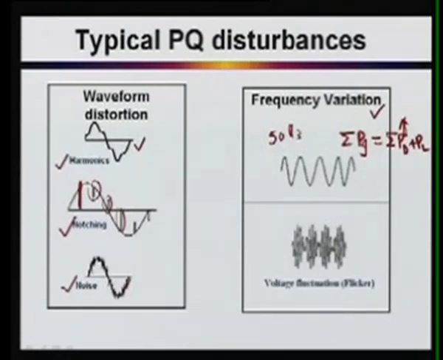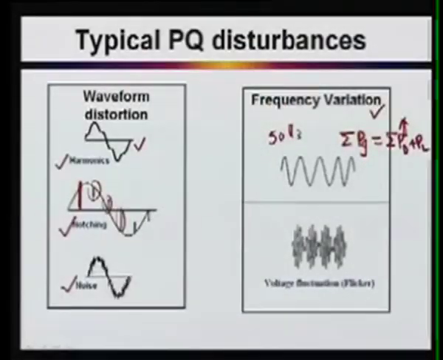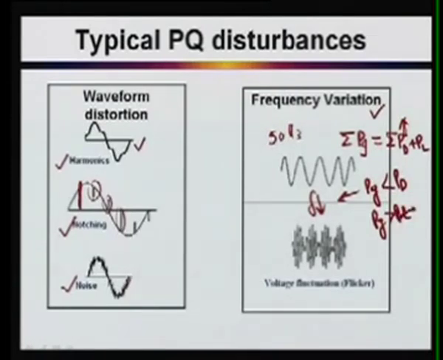Then we are consuming more power from the system, so the energy stored in the rotating mass, which has kinetic energy, is utilized for delivering this power. Then there will be a fall in the rotating mass speed and therefore a fall in the frequency. So if your generation is less than your demand, the frequency will fall, and opposite to that, if your generation is more than your demand, then your frequency will rise.